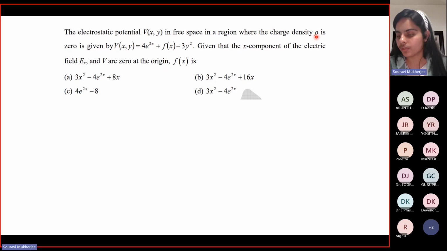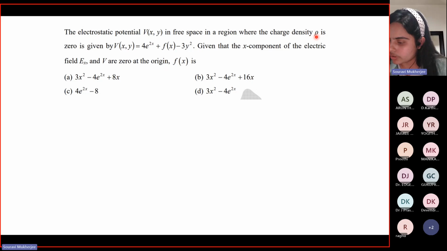There are so many forms of Gauss's law that we just discussed, right? Okay. Rho equal to minus del V by epsilon naught. Okay.